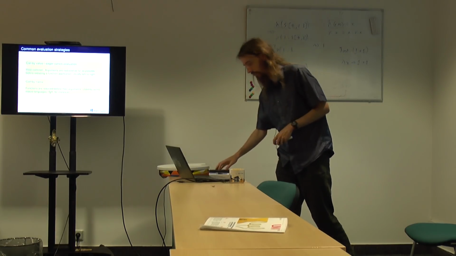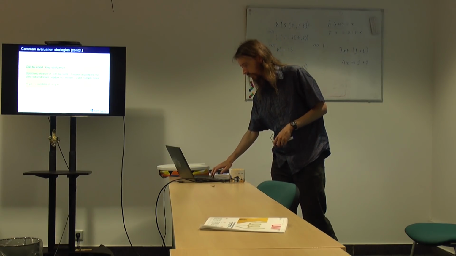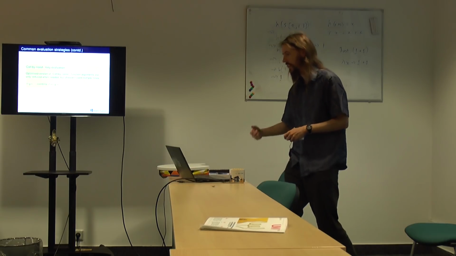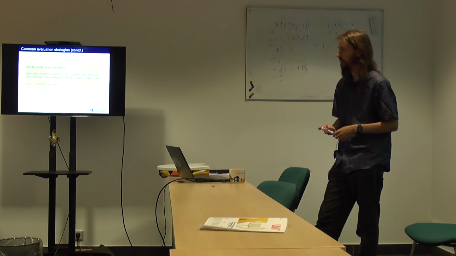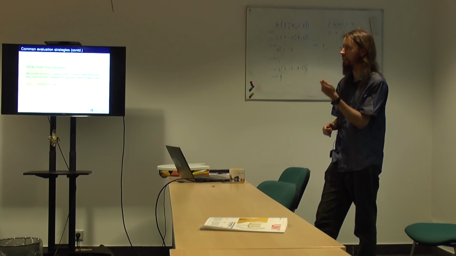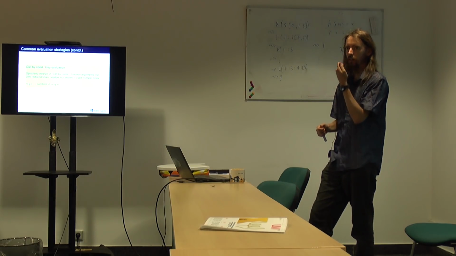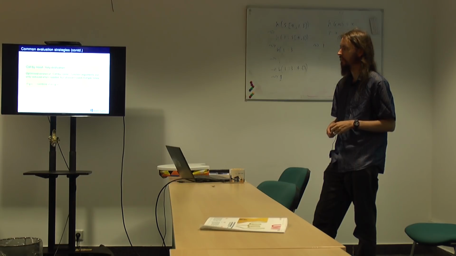And that makes a big difference to the performance. So Haskell uses call by name, but it adds sharing, so that if something is named and shared, it's evaluated at most once.